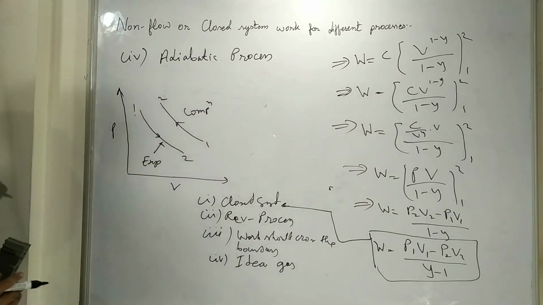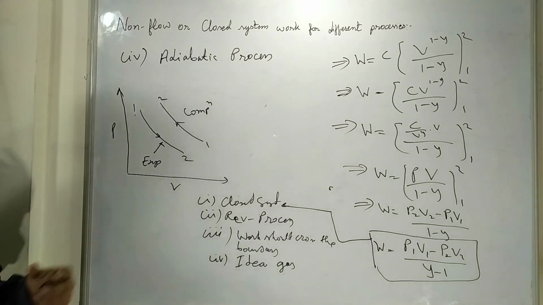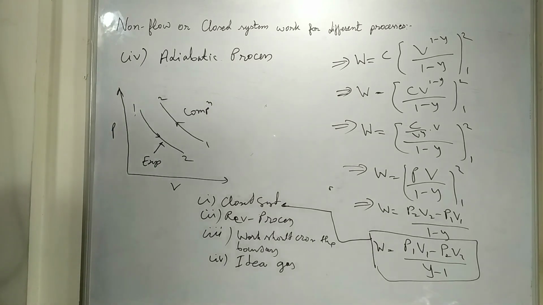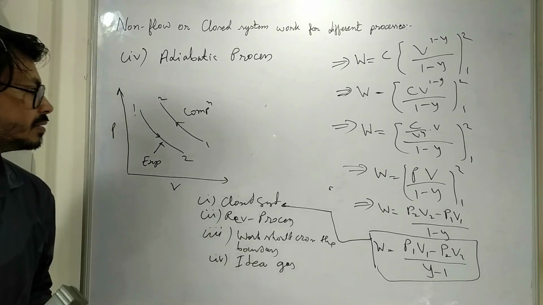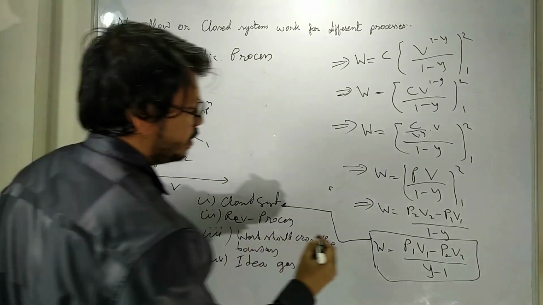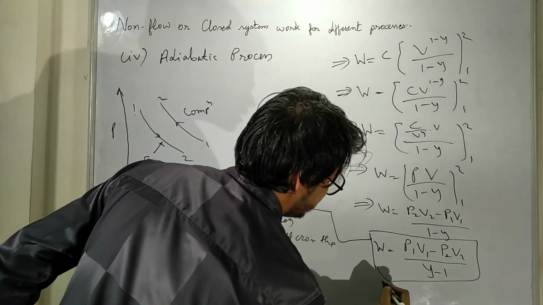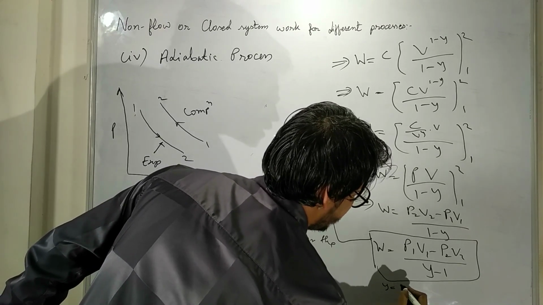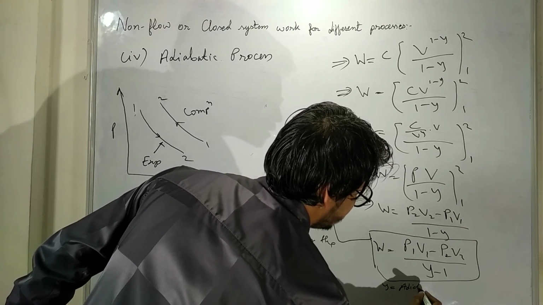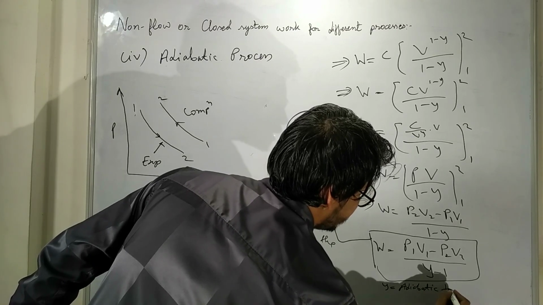So this equation is only valid if the system is a closed system, the process is a reversible adiabatic process, work crosses the boundary, and an ideal gas is there. Here gamma is the adiabatic index.